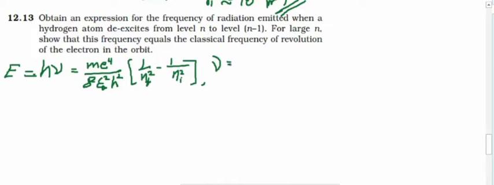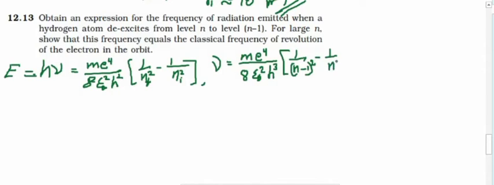Nu is equal to m e power 4 over 8 epsilon naught square h cube into, the final level is n minus 1, so 1 divided by (n minus 1) the whole square minus 1 by n square. Now we have to take the LCM there, then simplify.